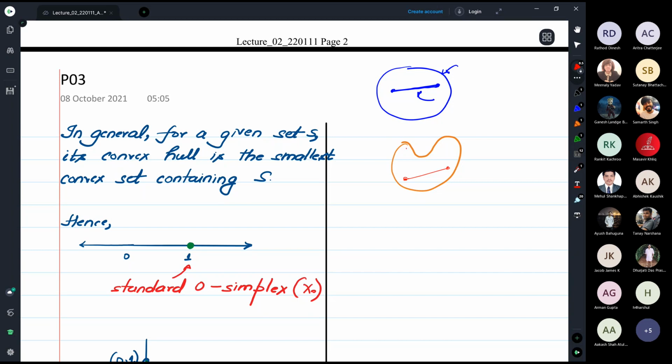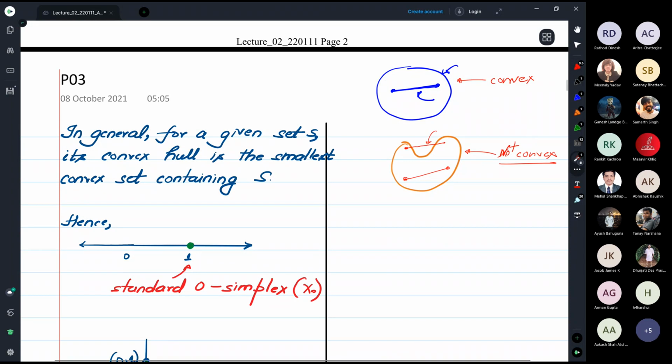However, if you carefully choose 2 points over here, say like this, and connect them, you can see that a part of the segment lies outside this set. So consequently, this set is not convex. On the other hand, this set is convex. In this way one can define a convex set.